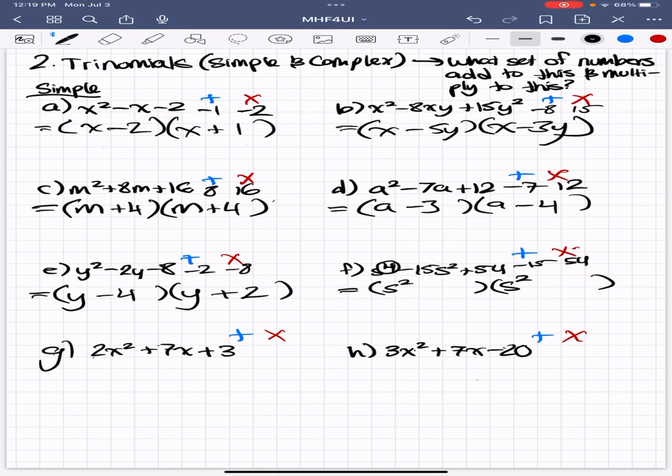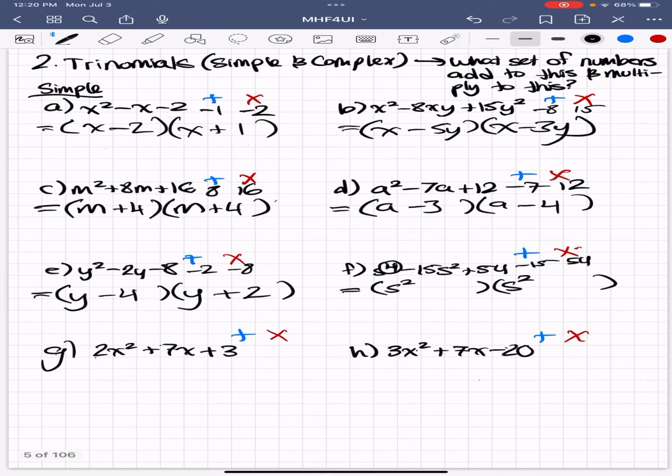So in order to get s to the power of 4, I need to do s to the power of 2 multiplied by s to the power of 2. I also need to find two numbers that add to -15 and multiply to 54.